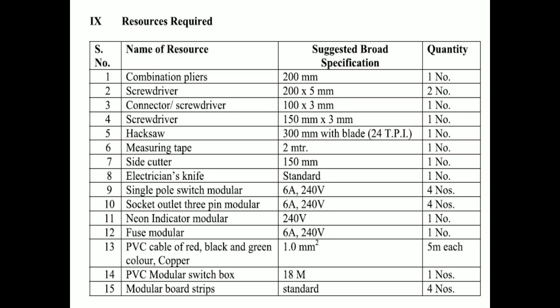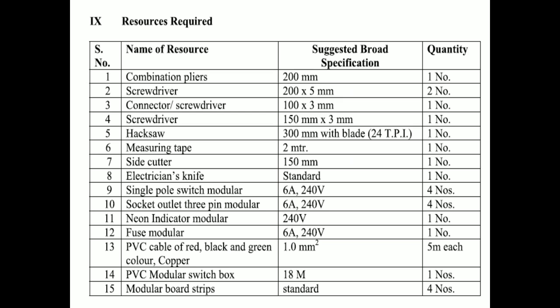Then connector screwdriver 100 into 3, 1 quantity required. Screwdriver of 150 into 3, 1 quantity. Hacksaw 300 with blade, 1 quantity. Measuring tape 2 meter, required for the purpose of measuring the wire board, 1 required quantity. Then side cutter 150 and electrician knife standard, for the quantity 1.